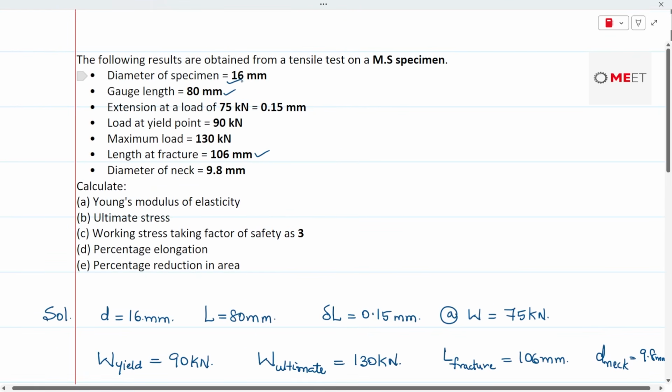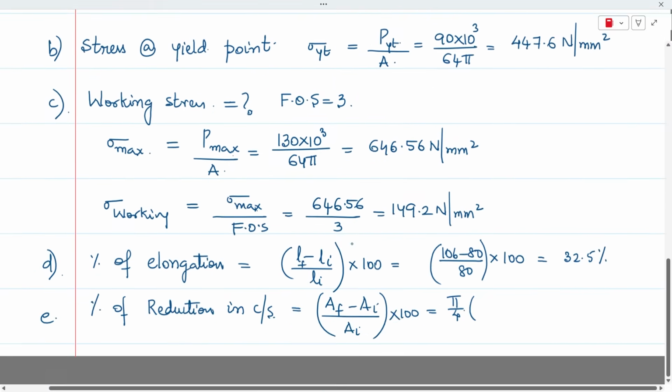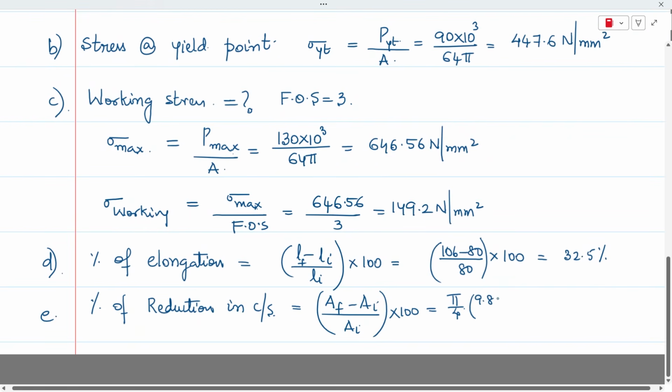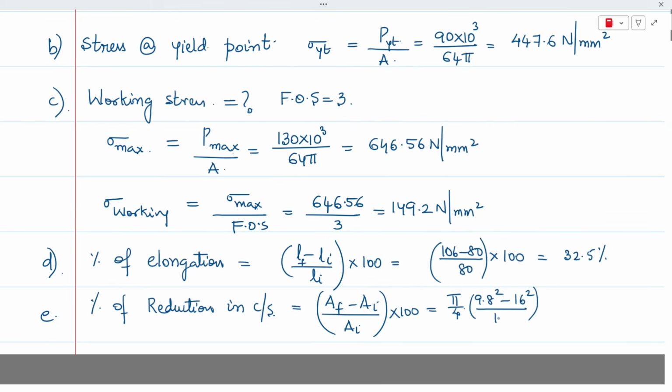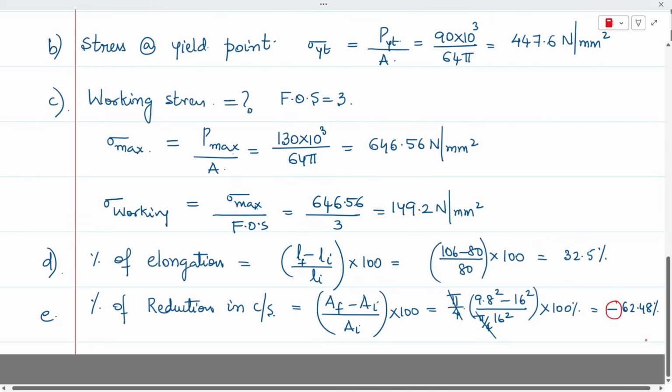Initial diameter is 16 mm and final is 9.8 mm. So this is 9.8 square minus 16 square divided by 16 square, with pi by 4 in the numerator and pi by 4 in the denominator getting cancelled, into 100%. This is equal to minus 62.48. So negative value signifies the reduction in the diameter.